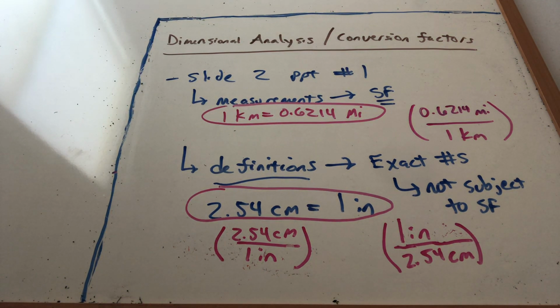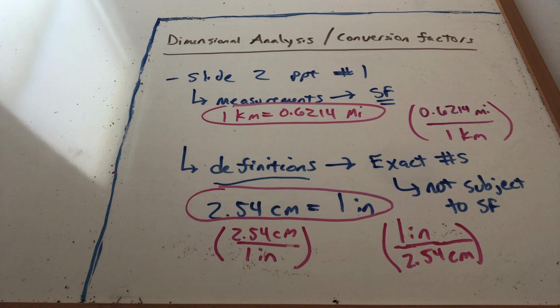But whenever I use this in an analysis, if it came from a measurement, then I know I'm limited to 1, 2, 3, 4 different significant figures here. I know I'm limited to that decimal place depending on the work that we're doing.